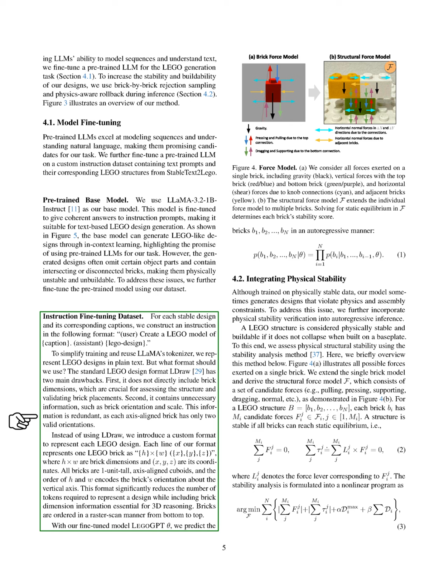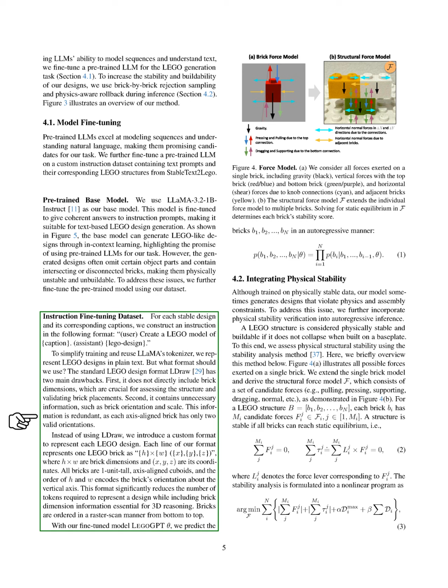We avoid the standard LEGO design format, LDraw, due to its limitations, such as not including brick dimensions and containing unnecessary details like brick orientation. Instead, we create a custom format where each line describes a LEGO brick with its dimensions and coordinates. This format reduces the number of tokens needed while providing essential information for 3D reasoning, with bricks ordered from bottom to top.